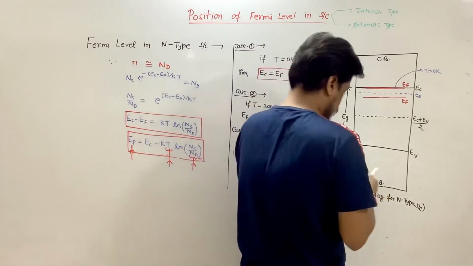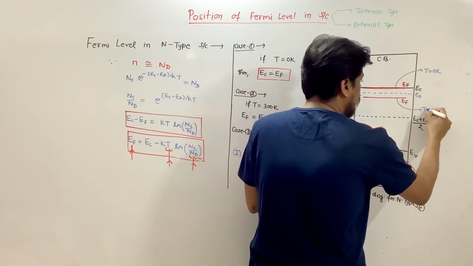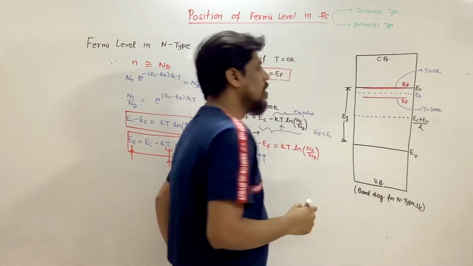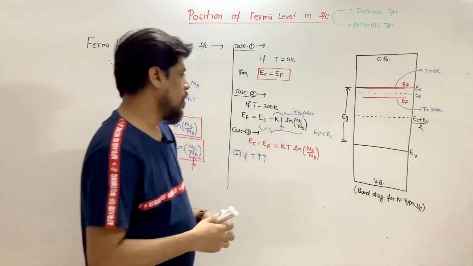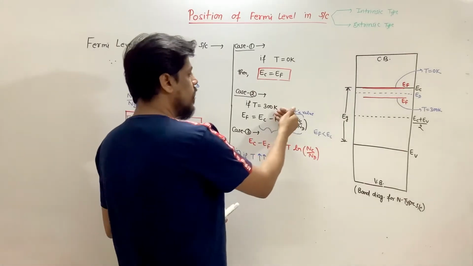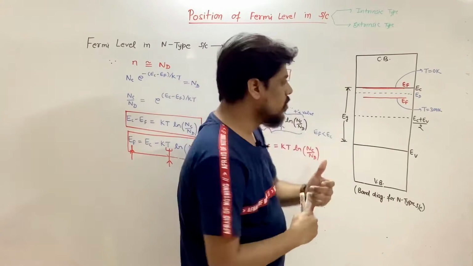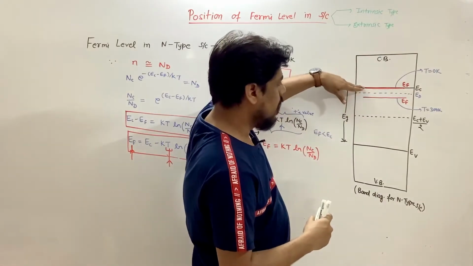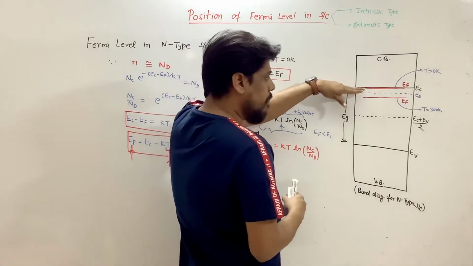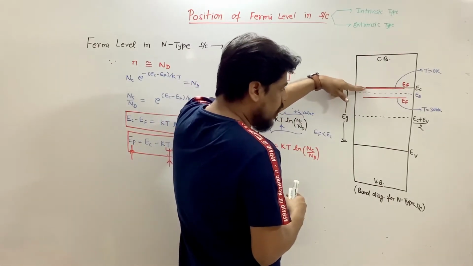So we can write here that this is the Fermi energy at T equal to 300 Kelvin. One more point: when temperature is 0 Kelvin, Fermi energy is here; when temperature is 300 Kelvin, Fermi energy is here. It means when temperature increases from 0 to 300 Kelvin, the Fermi energy goes downward.